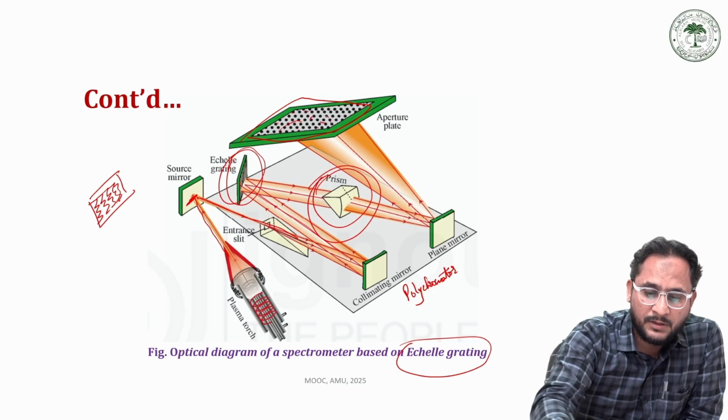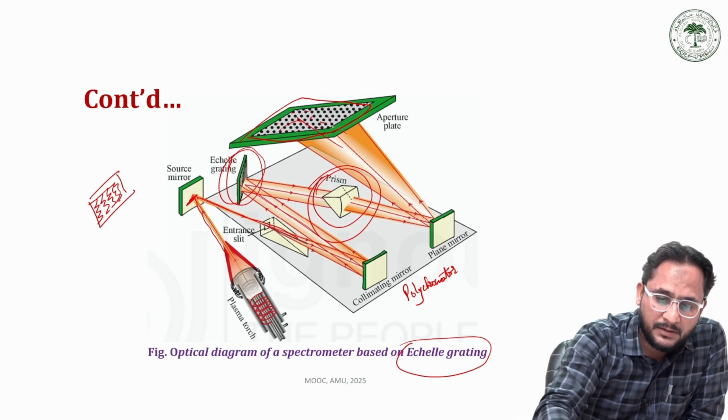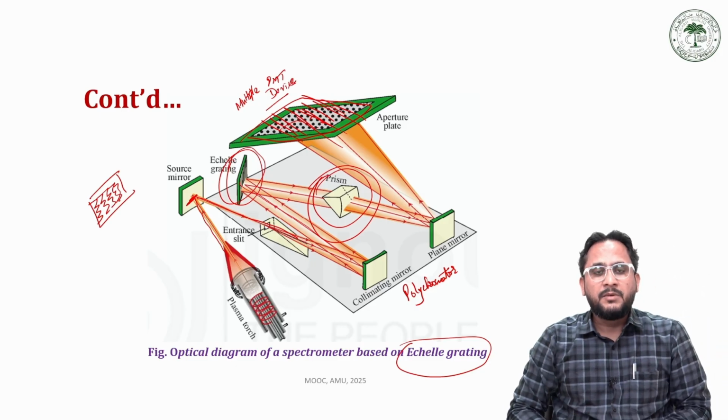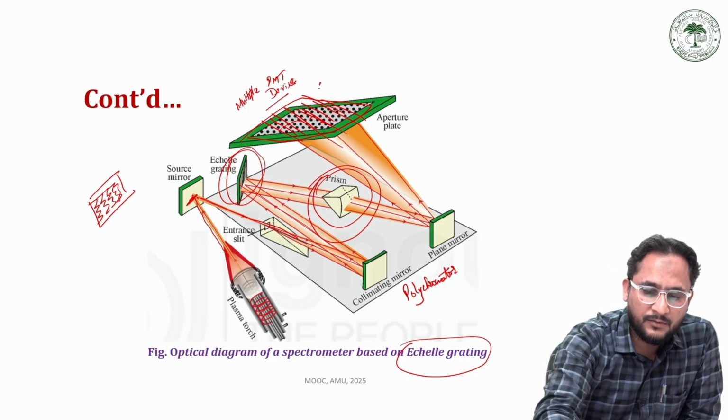Through these holes, different light radiation passes through the sample and falls on the multiple PMT devices, which detect multiple elements simultaneously. So in this case we can go easily up to 60 elements.